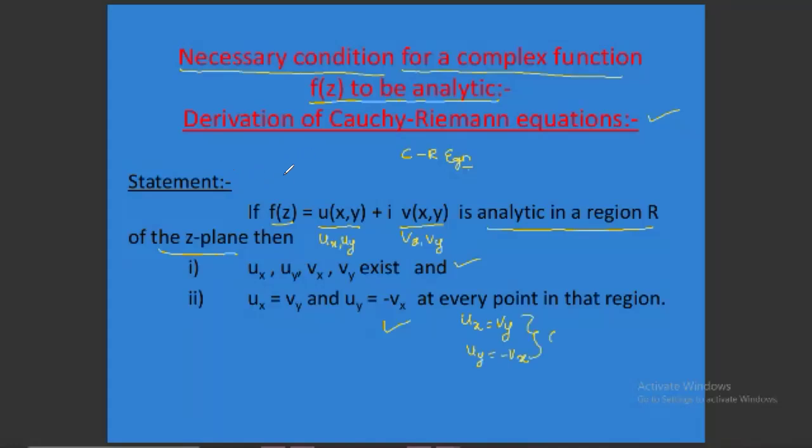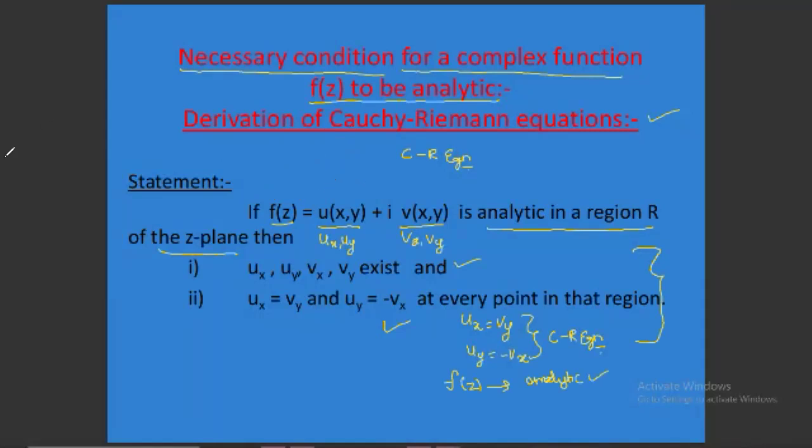This is nothing but the Cauchy-Riemann equation. If these two conditions are satisfied, then we say this f of z is analytic. This is the necessary condition.